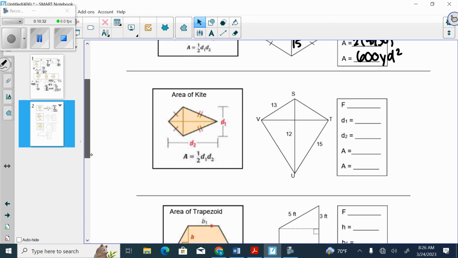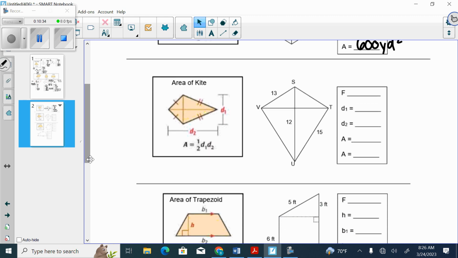All right, then we've got our kite. Also has an area formula of 1/2 diagonal 1 times diagonal 2. All right, so I know a piece of one of my diagonals, right? I know that this piece of the diagonal is 12.